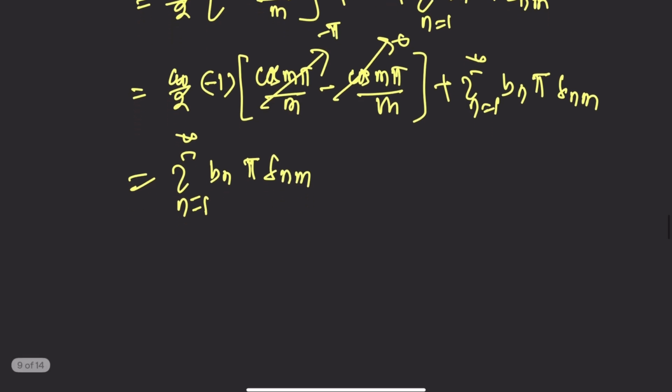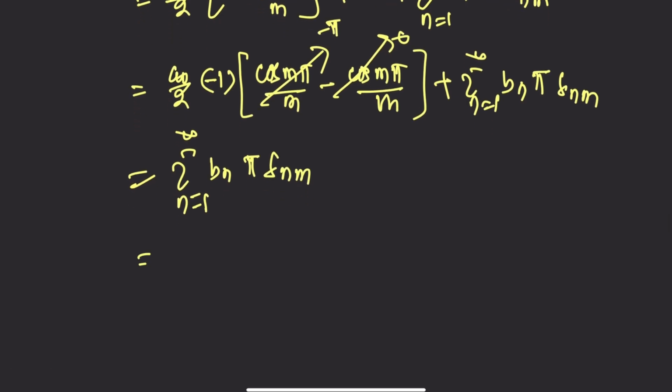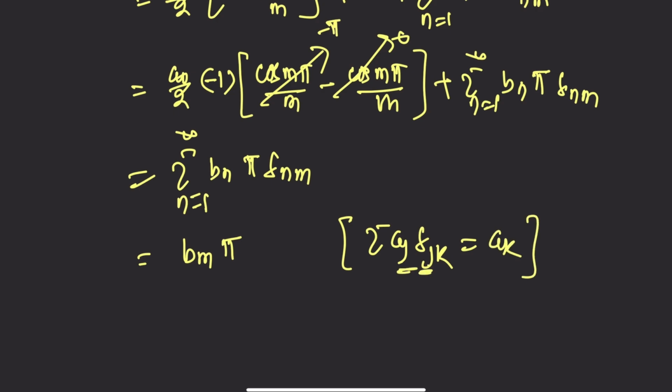So here, according to the properties of Kronecker delta, we can write b_m pi, because one of the properties of Kronecker delta is a_j delta jk becomes a_k. Here the summation index j is contracted.